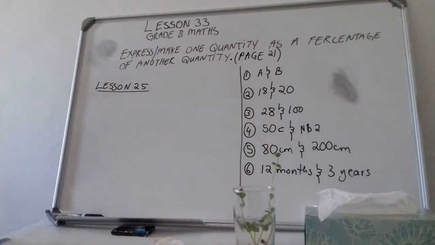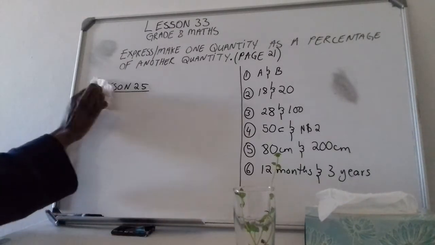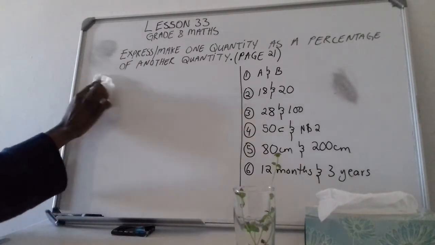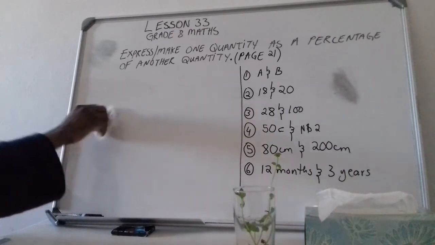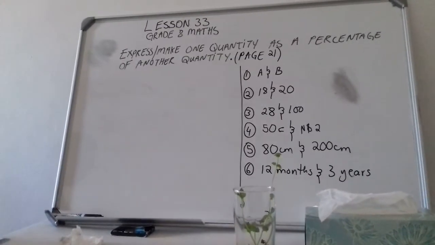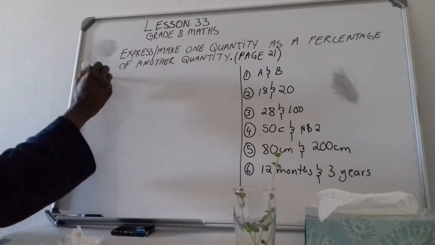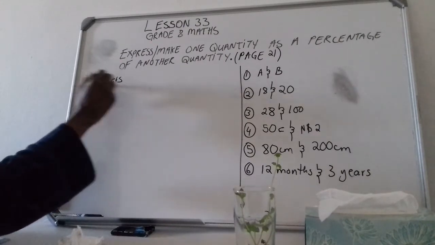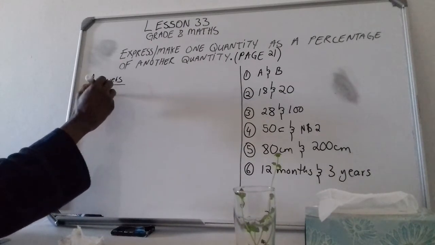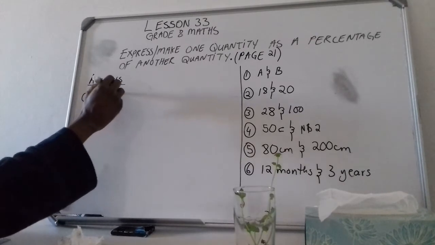Okay, so let's say you are given two numbers A and B, and you should express the first number as a percentage of the second number. So what you need to do, you simply say A over B, and then you multiply by 100%.